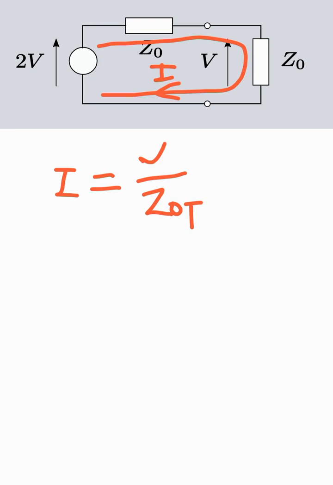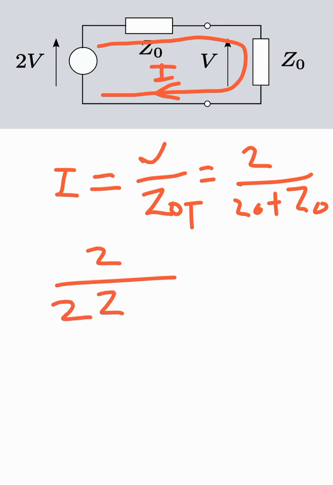ZOT is the total impedance, so it would be 2 volt, that is the voltage, divided by Z0 plus Z0 or 2Z0. So divided by 2Z0, and it would be 1 over Z0.